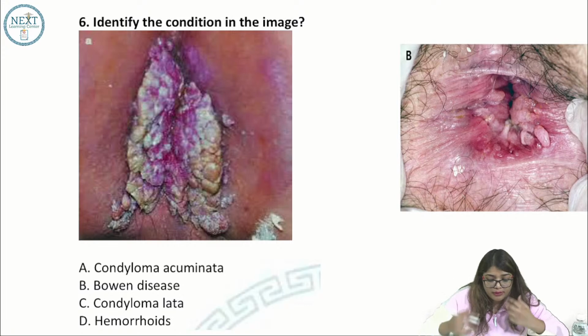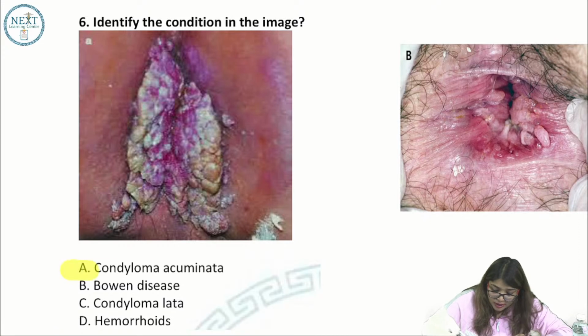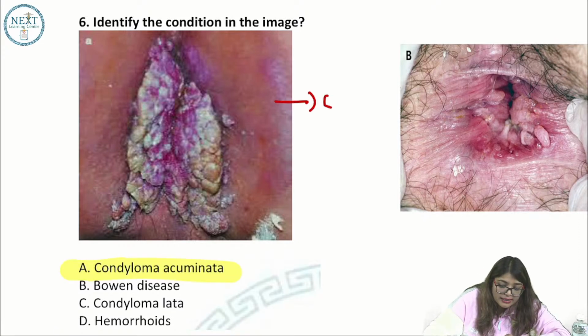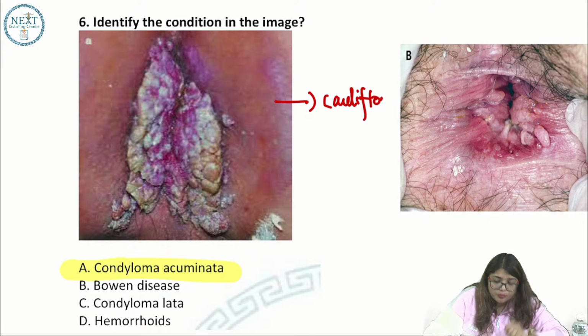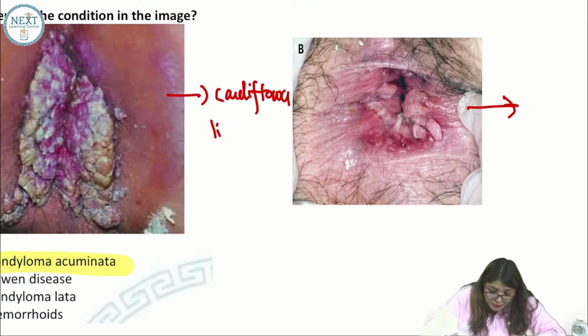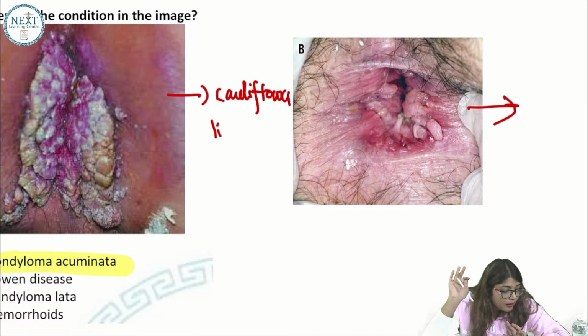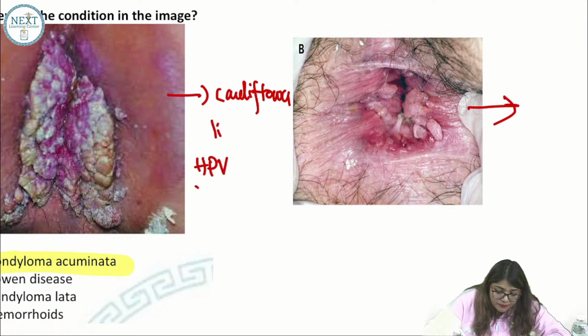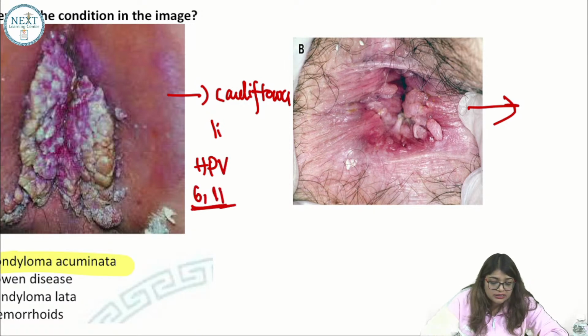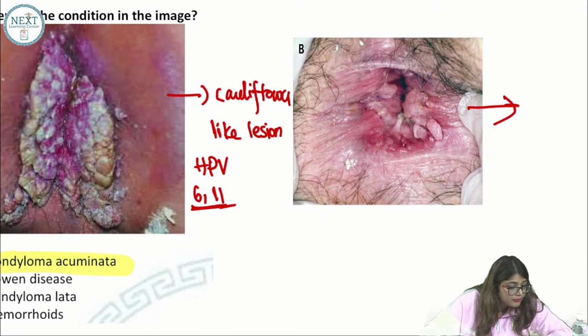Leukoplakia again. I'll show you. There's a question of leukoplakia. Very good. This is condyloma acuminata. Can you see? It is a cauliflower-like lesion. Yes, cauliflower-like lesion. And can you see this image? Can you tell me what is this? I've kept it here so that you can differentiate between condyloma acuminata, which is due to HPV 6 and 11, wart causing lesions, right? What about this one?